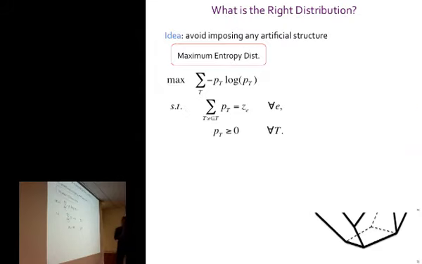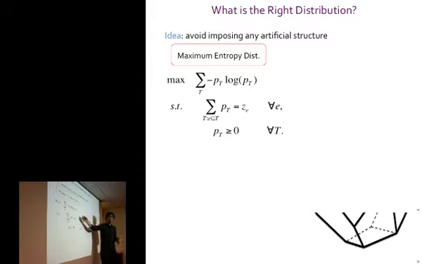Here's the idea: to avoid imposing any additional artificial structure, let's keep the combinatorial structure intact while preserving the marginals. So I want a distribution that preserves the marginal values of the edges while being as random as possible.